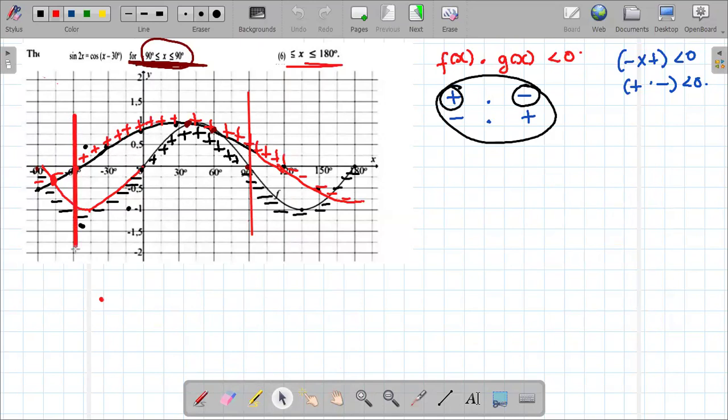From negative 60, the other one is positive, the other one is negative. From negative 60 until where? Until 0.